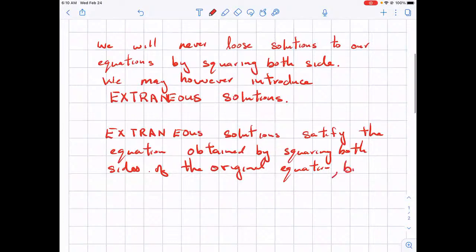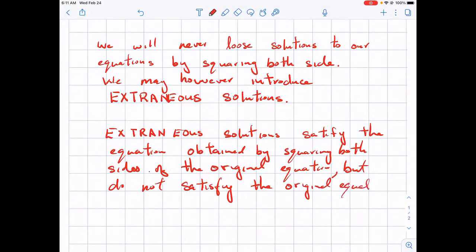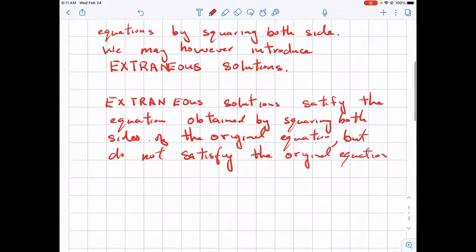But, and this is the important part, it does not satisfy the original equation. You will see an example of this, right? So let's look at this.